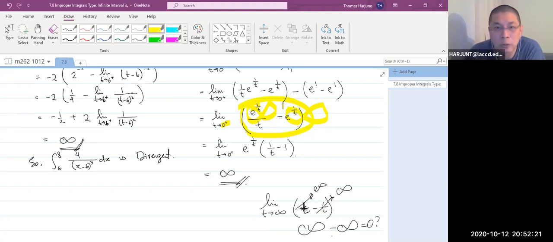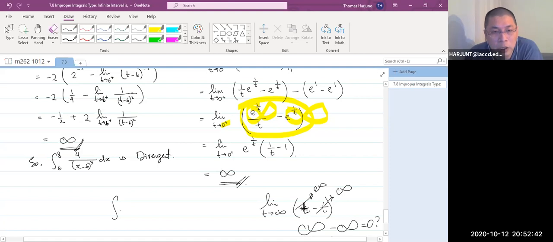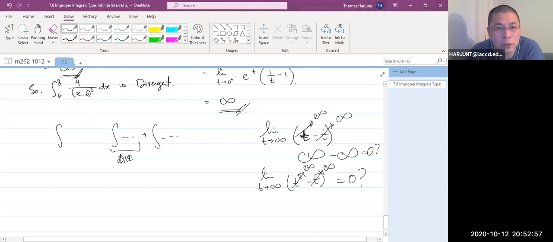So the answer is no. Once you get infinity somewhere, then the integral becomes divergent. That's if part of the integral is, but I was not referring to a single limit. I was talking about if you have integral of something plus integral of something, and one of them does not exist, then you say that the whole integral is divergent.